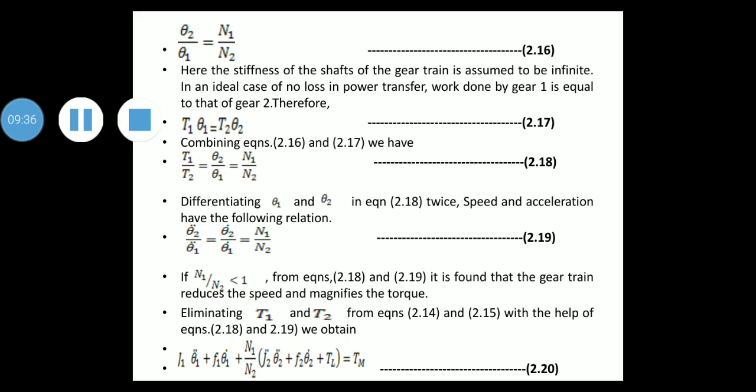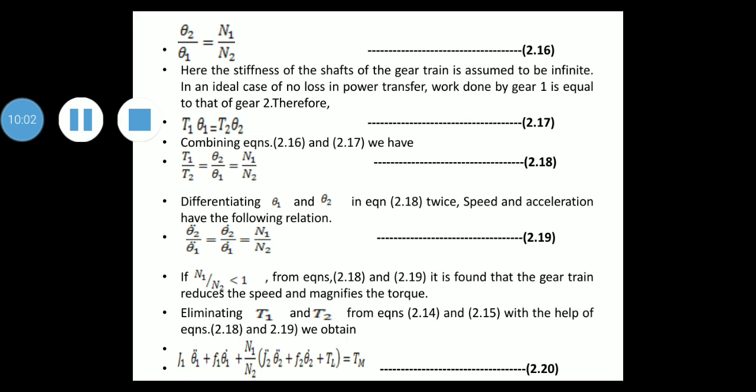Then differentiating theta 1 and theta 2 in equation 2.18 twice, speed and acceleration have the following relation: theta 2 double dot by theta 1 double dot is equal to theta 2 dot by theta 1 dot is equal to N1 by N2. This is taken as equation 2.19.